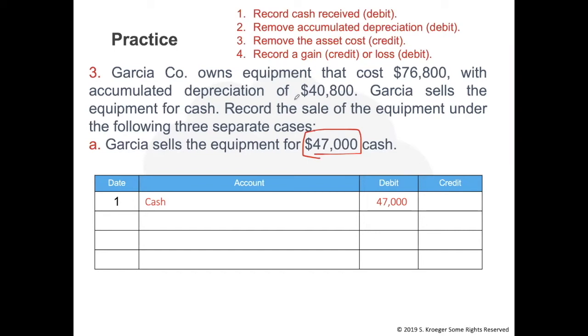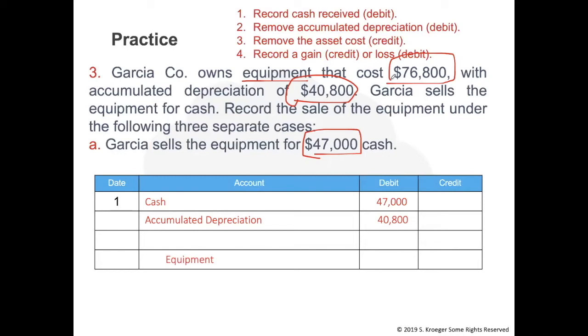The accumulated depreciation is $40,800. Accumulated depreciation, a debit, $40,800. Step 3, remove the cost of the asset by doing a credit to the asset. The asset is equipment and it had cost $76,800.